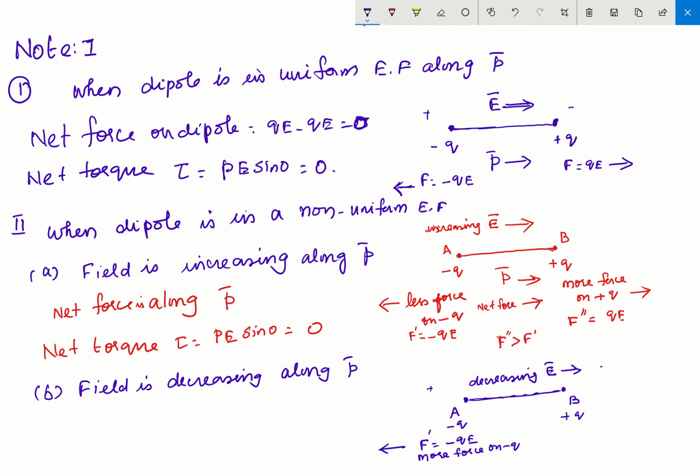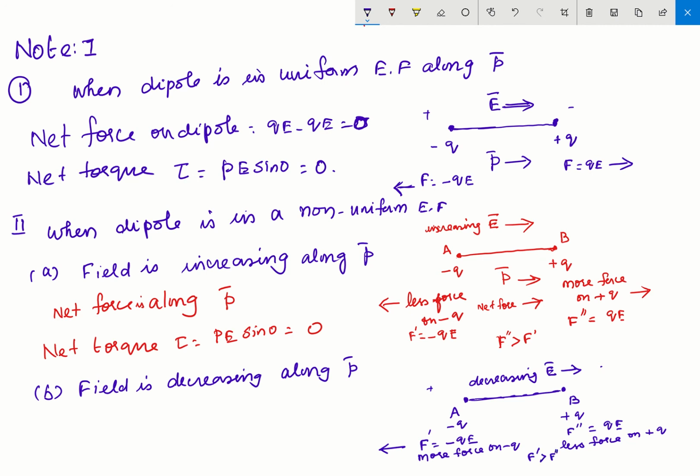Now, next to it is plus Q. Therefore, what is F double dash? F double dash is equal to Q into E. Right. Therefore, what is the force? It is less. Why? Because the electric field is decreasing. Therefore, less force on plus Q. But here, your F dash is more than F double dash.